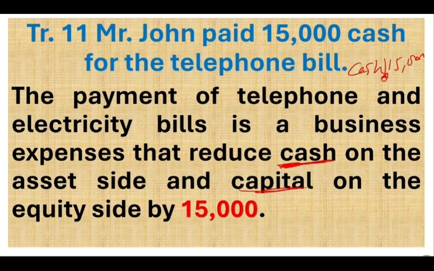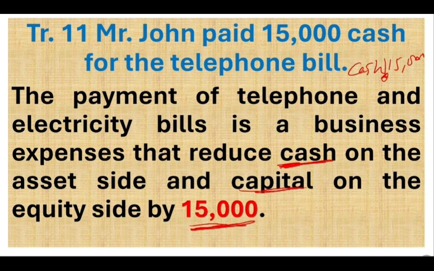So the cash is reduced by 50,000 because we already paid 50,000 cash for the telephone bill. So these expenses, the telephone, electricity, all the losses, the theft, all contribute to the reduction of the owner capital, or the capital of the company, by the amount that is lost, or the amount that has been stolen, or the amount that has been paid as expense.